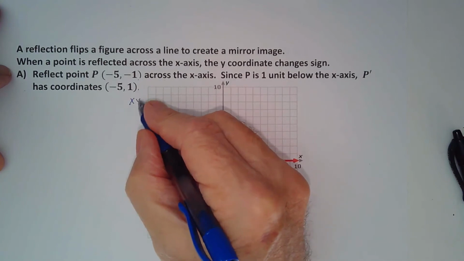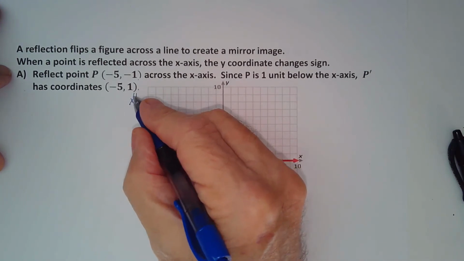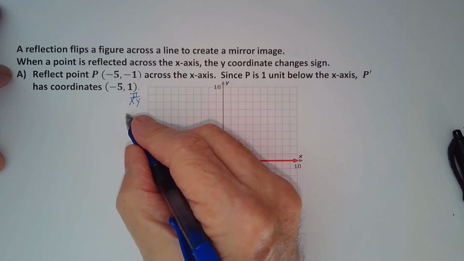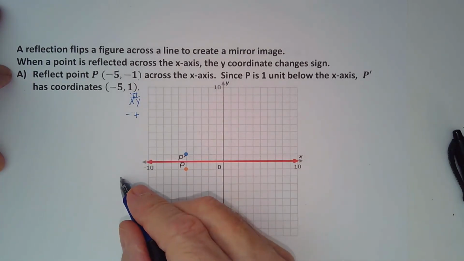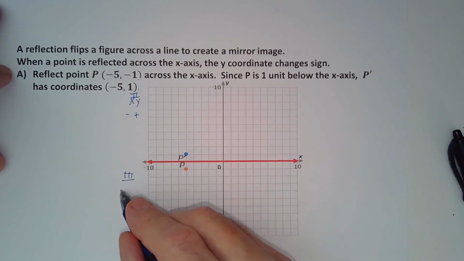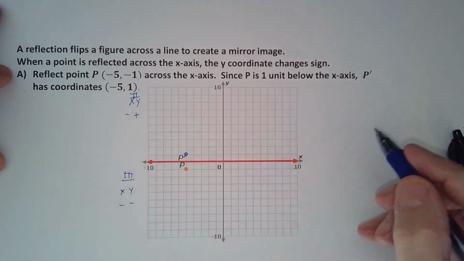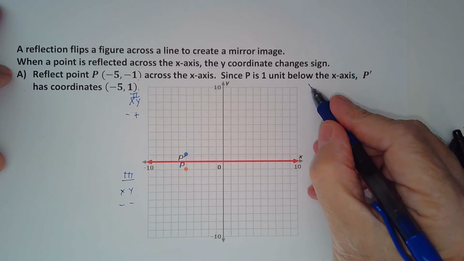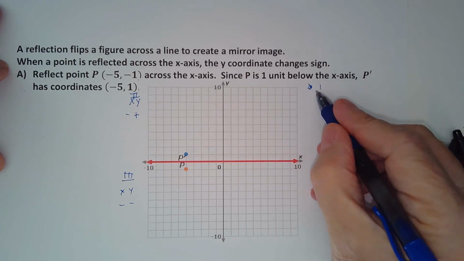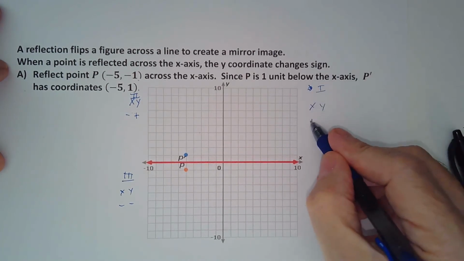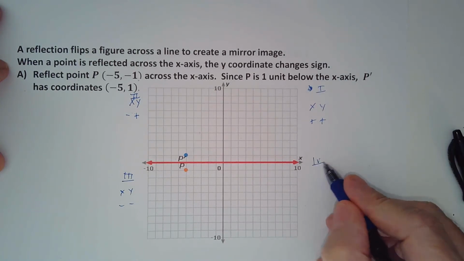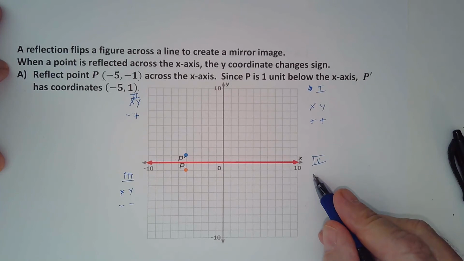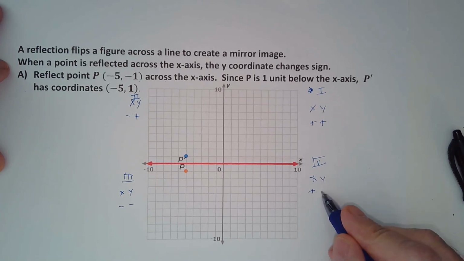This is quadrant 2, where x is negative, y is positive. Down here, quadrant 3, x and y are both negative. Quadrant 1, x and y are positive, and quadrant 4, x is positive, y is negative.